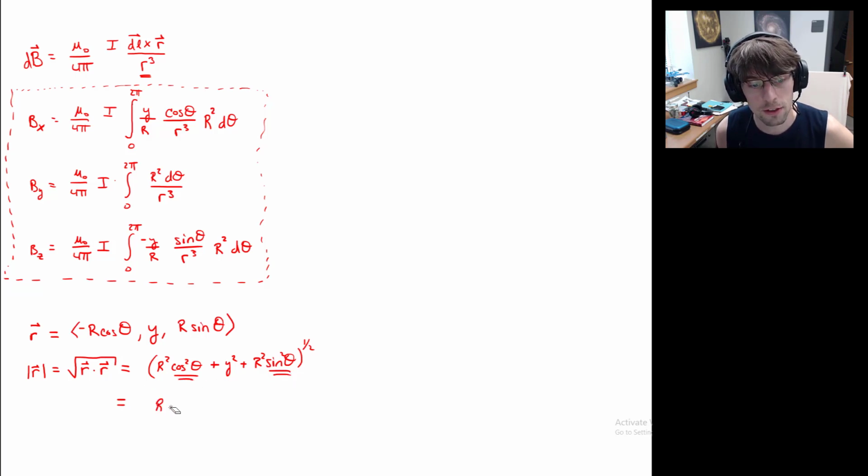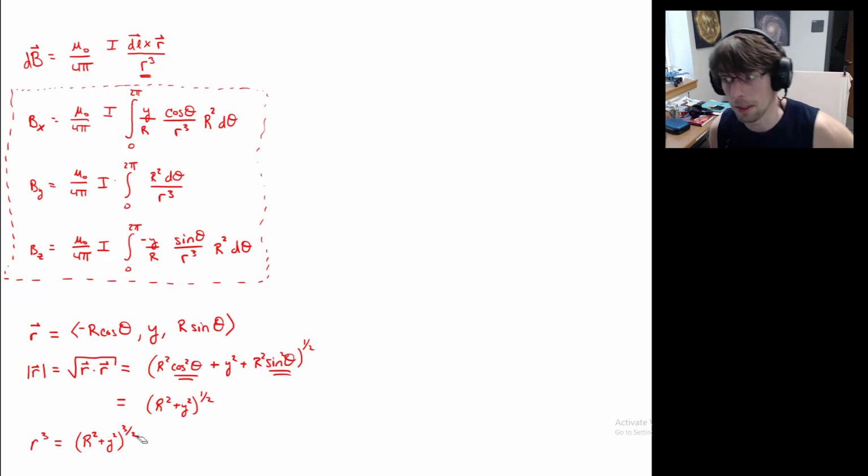So this whole thing just ends up being r squared plus y squared to the 1/2. Which means those r cubes, what I have to substitute in here is r squared plus y squared to the 3/2.